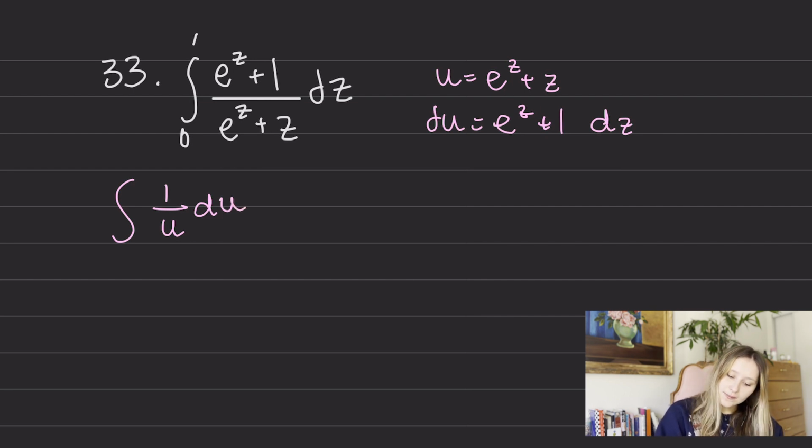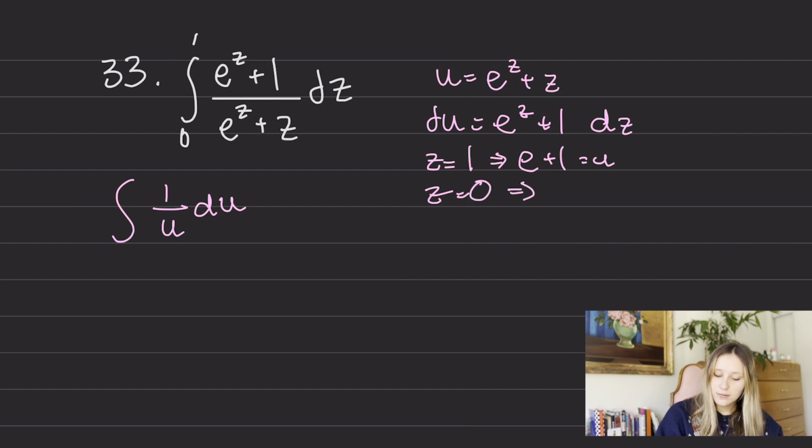And then when we plug in z equals 1, we get e to the 1 plus 1, we get e plus 1. For z equals 0, we get 1 plus 0, u equals 1. So this is going to be e plus 1, and this is going to be, not u, 1.